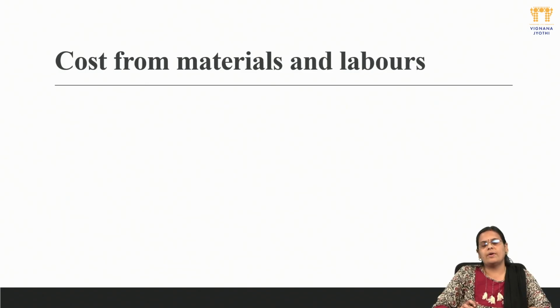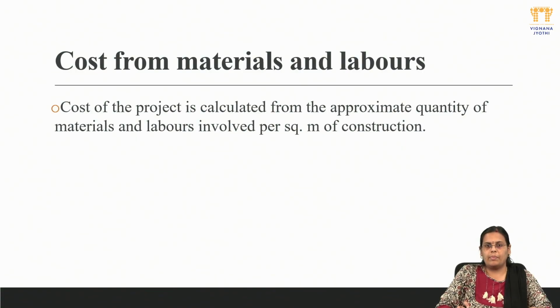Next one is cost from materials and labors. So far we had some references to calculate the cost of your new proposed structures. Suppose at a locality there are no similar constructions which have happened in the recent past, and you are going to construct a building for the very first time. So there, you have to calculate the quantity of material and labors involved in unit area construction of that structure.